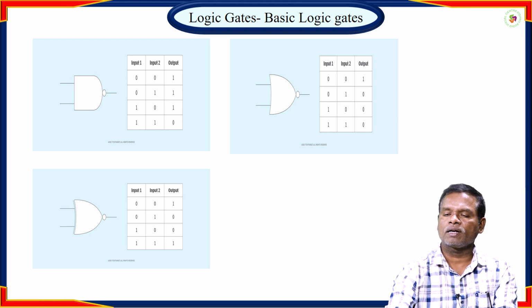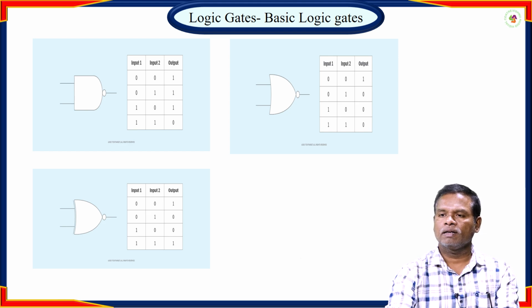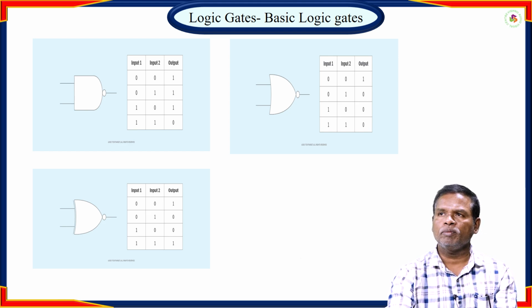And coming to the NOR gate. The NOR gate is again the complement of the OR gate. In an OR gate, output is 1 if at least one input is 1, whereas in a NOR gate it is opposite. In the first combination, both inputs are 0, so we get output as 1.